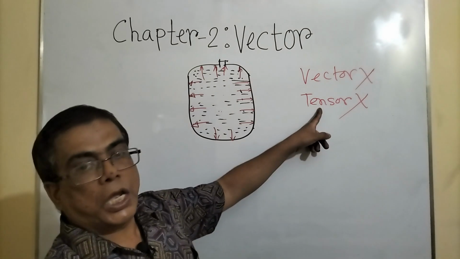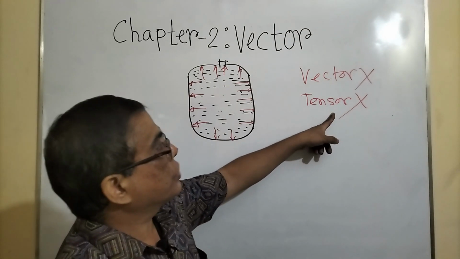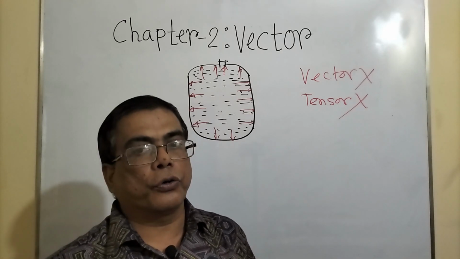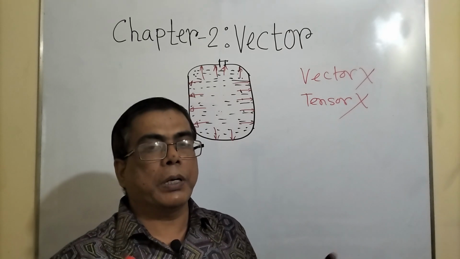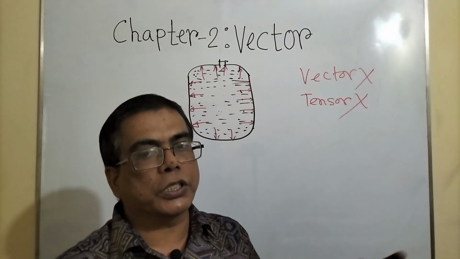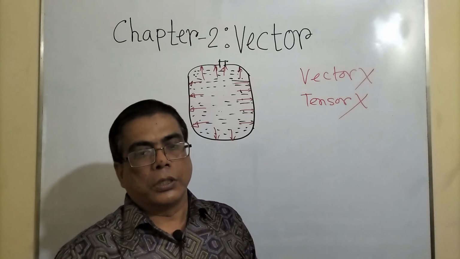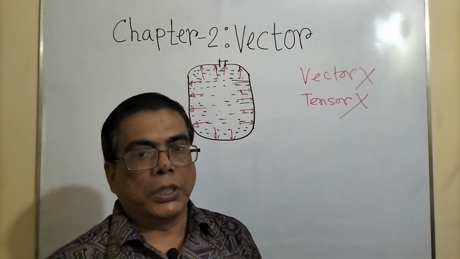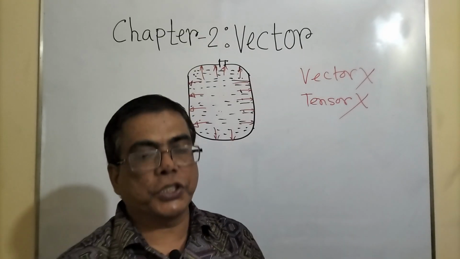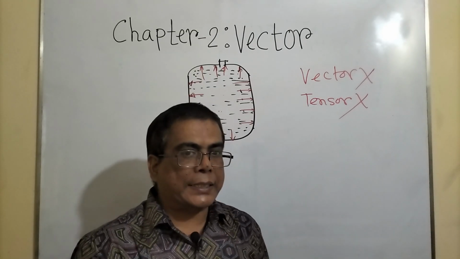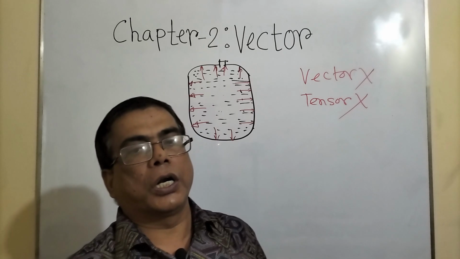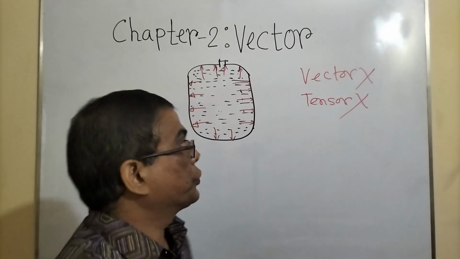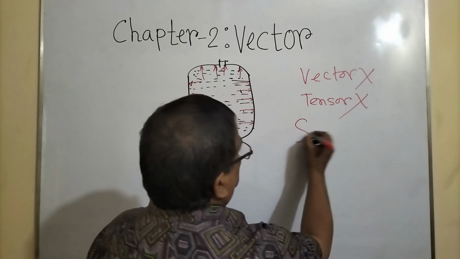A tensor quantity has different magnitudes and different directions. If a property acts in all directions, that is, in 360 degrees, in that case there is no need to mention the direction. It is enough to mention the magnitude only. So it is a scalar quantity.